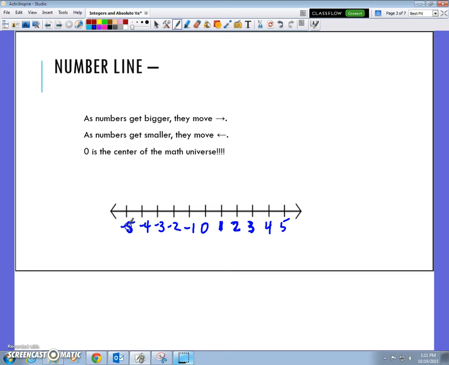So negative 5 is actually smaller than negative 4, and negative 3 is smaller than negative 2. But no matter what, negative 2 is always sandwiched in between negative 3 and negative 1. So the bigger the number gets in the negatives, the farther in the hole you are, the farther from 0, the farther from the positives.